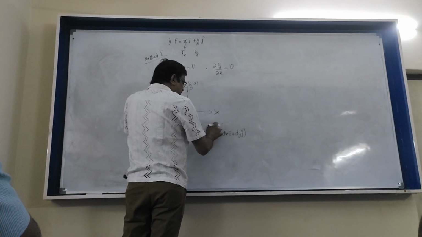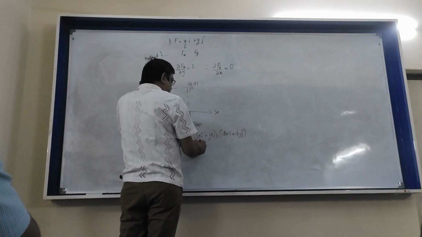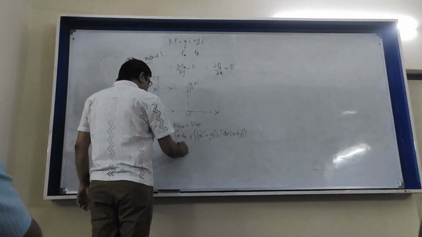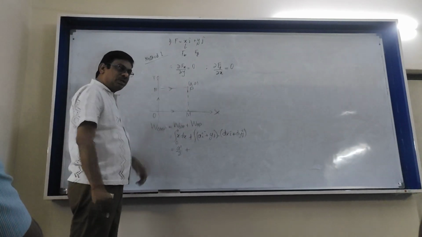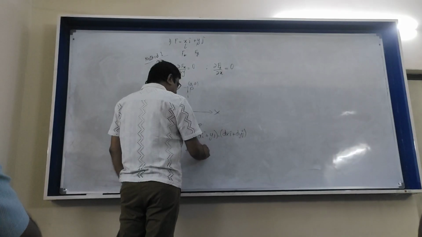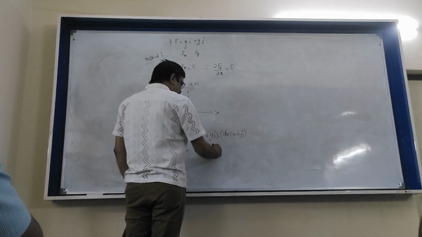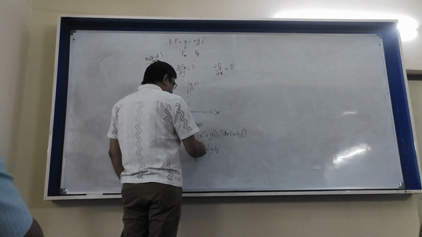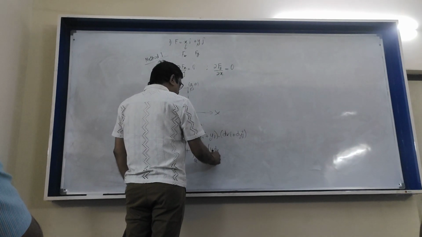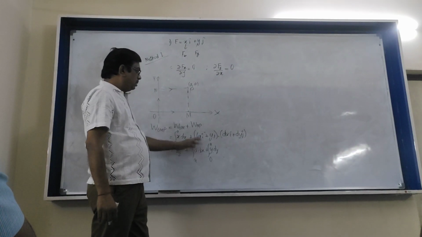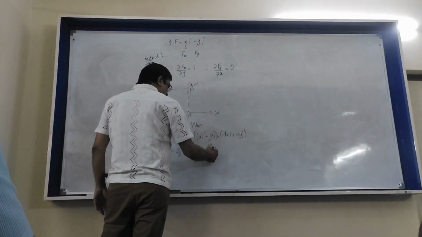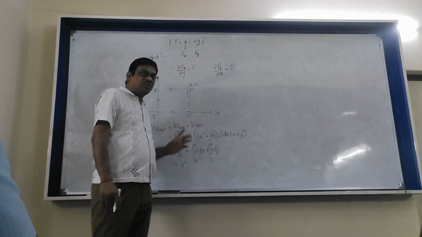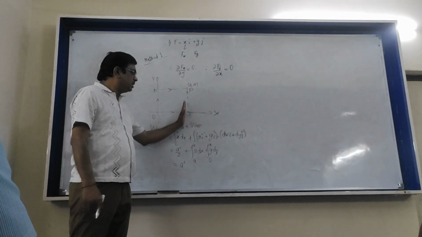Integrating between limits, this will be x dx plus y dy. x varies from a to a, there is no change in x, but y varies from 0 to a. dx did not change, no? So this will be a square by 2. This is a square by 2, this is 0. x remains the same from M to P. So the final answer is a square.